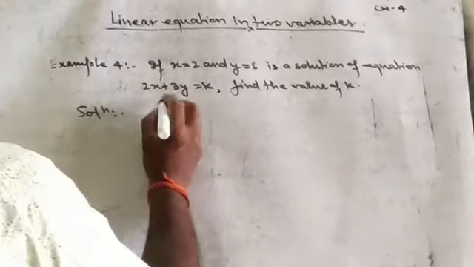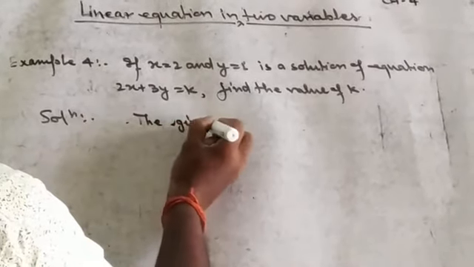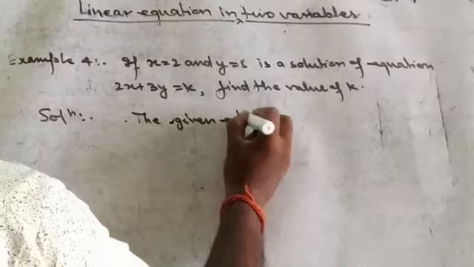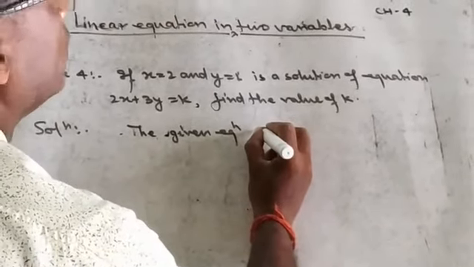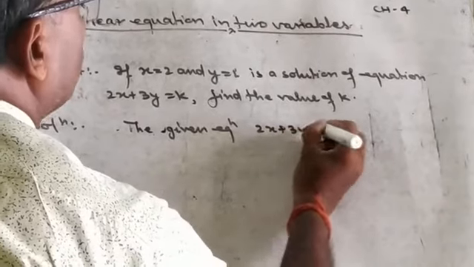The given equation, what is the given equation? 2x plus 3y is equal to k.